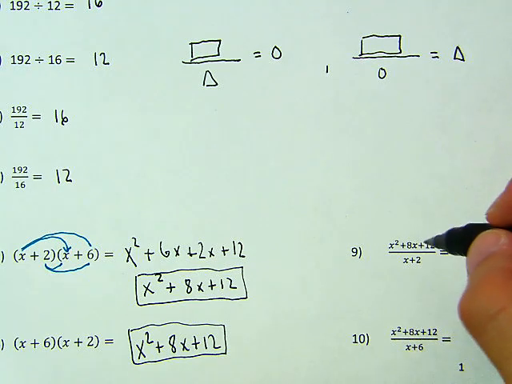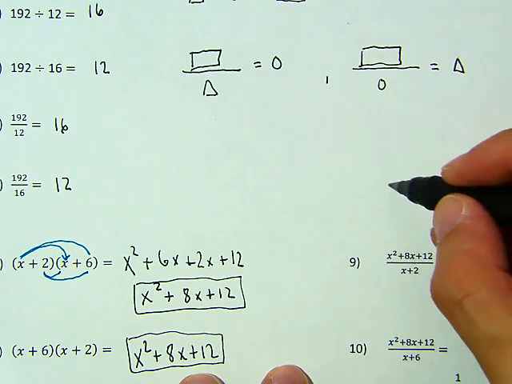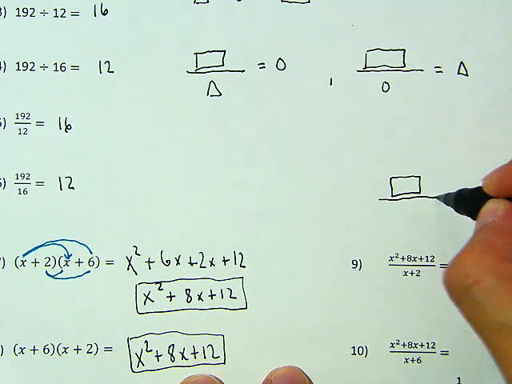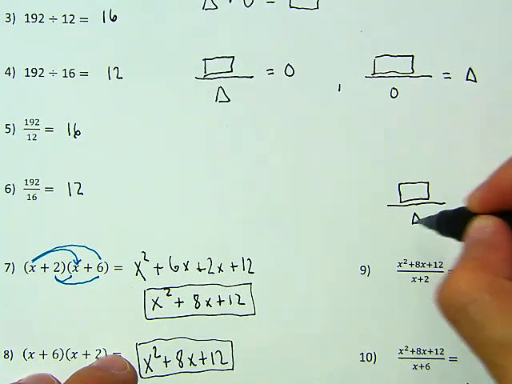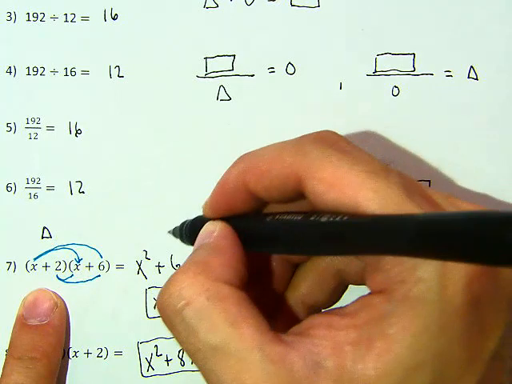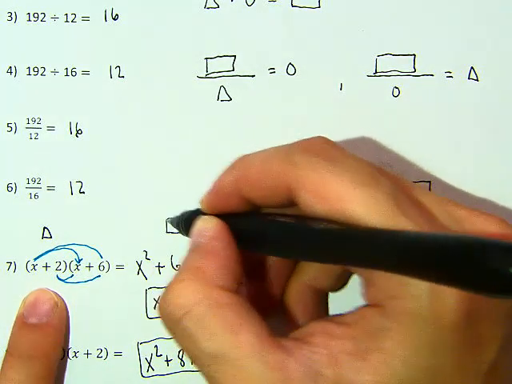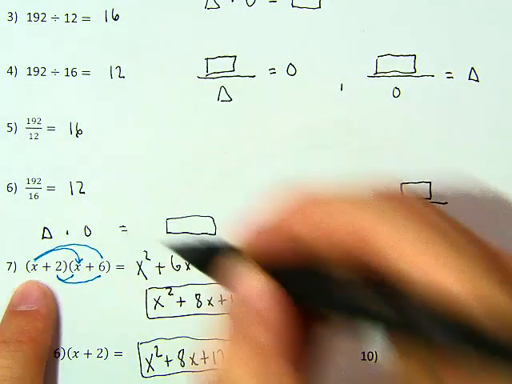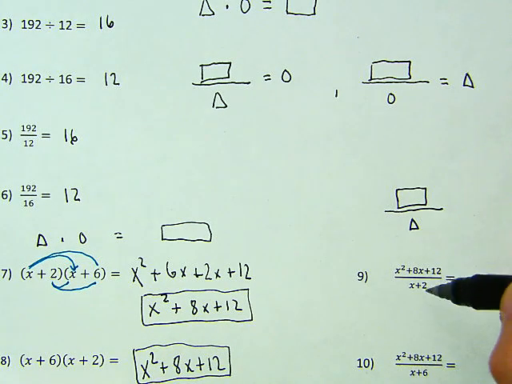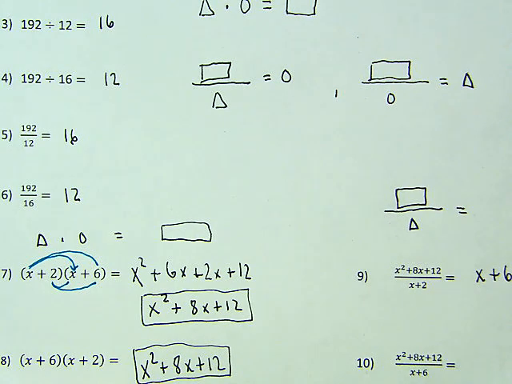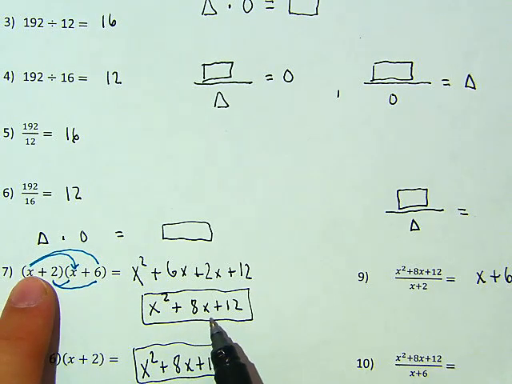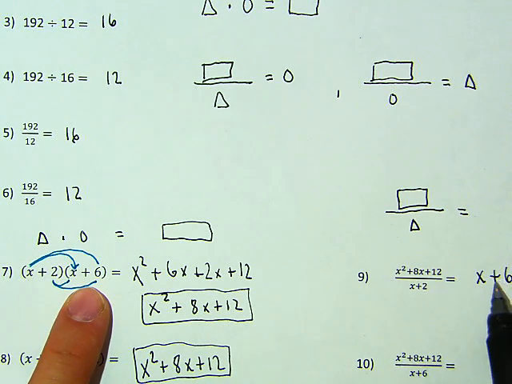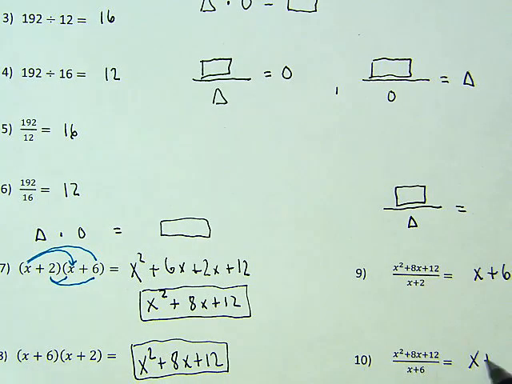But if I know this is rectangle and I'm dividing it by this triangle, and triangle times circle is rectangle, then this divided by this has to be x plus 6, because I know x plus 2 times x plus 6 is this. If I take this and divide it by one of these, it has to give me the other. And the same idea here, that this has to be x plus 2.